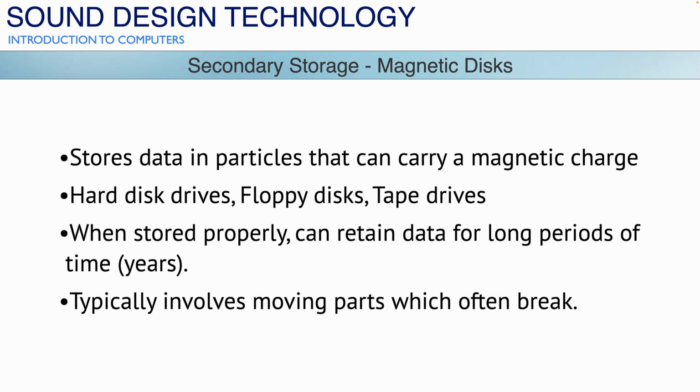If you're careful with that and store it properly and everything, magnetism can stick around for a really long time. The problem with magnetic storage is it usually also involves some mechanical mechanisms to move things around, and moving parts break.